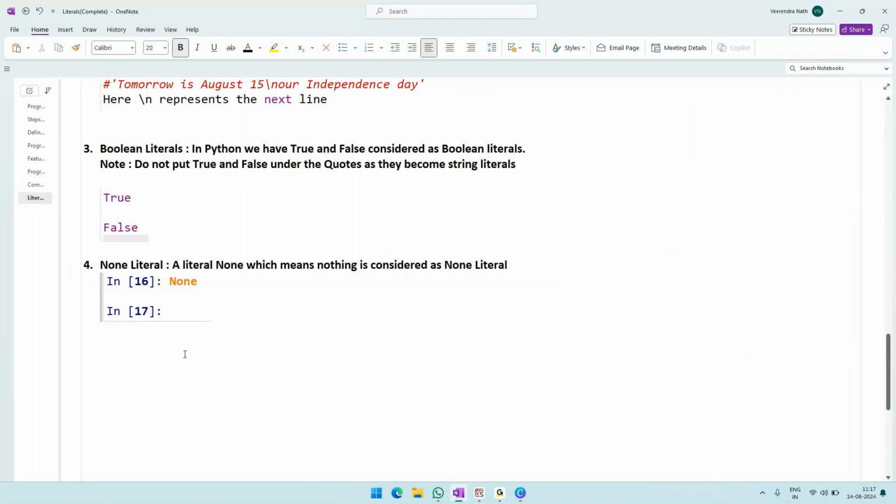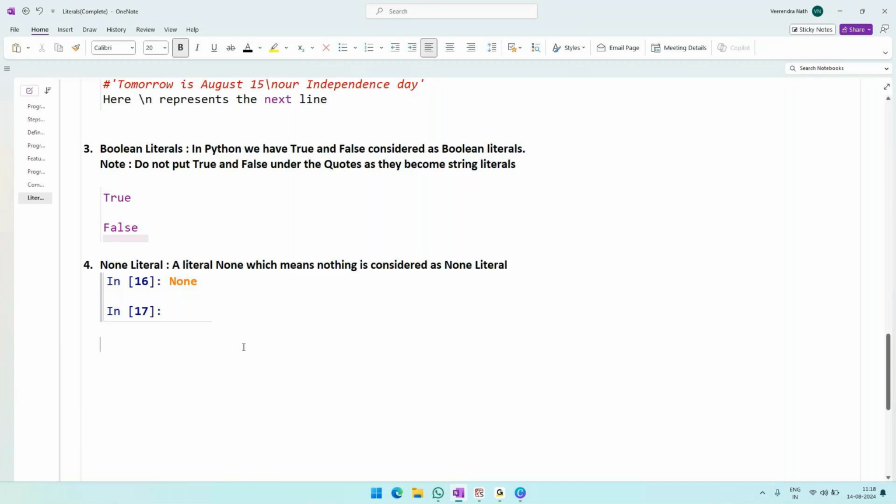We have many places where we can use this None value, whenever and wherever required. There are a lot of uses of it, so we will talk about them later.